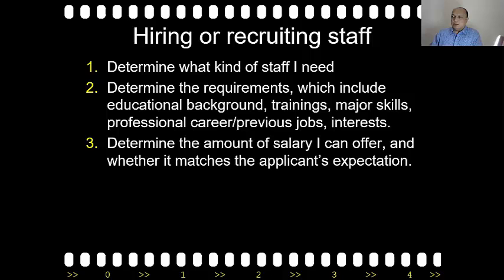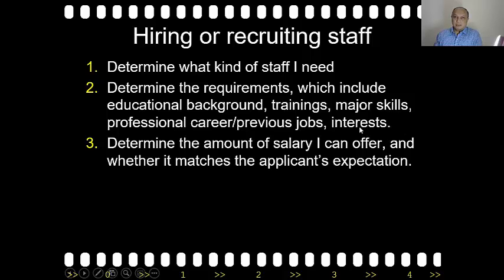Second one is you have to determine the requirements. This may include educational background, the trainings that they have had, their major skills, their professional career or their previous jobs, and also their interests.